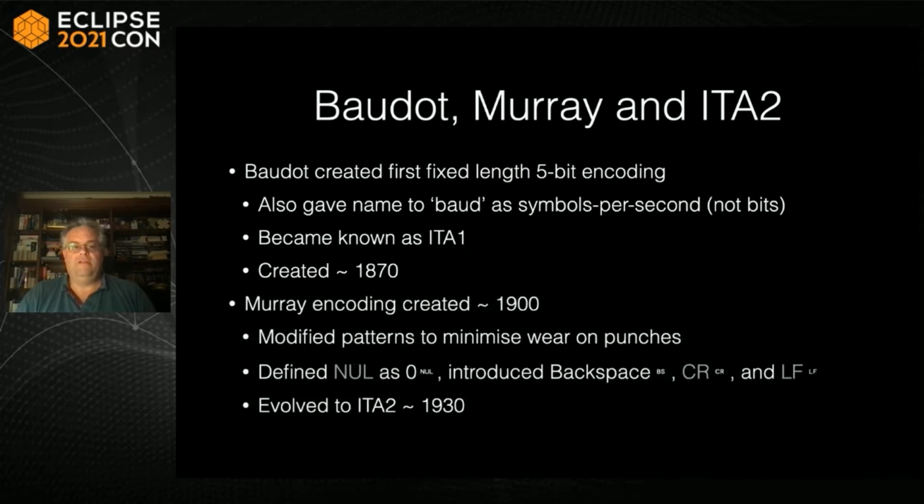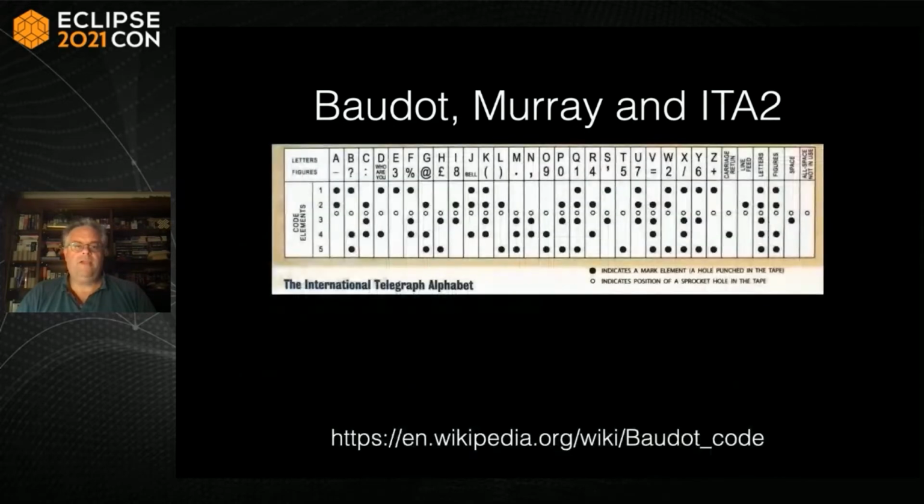From that evolved the Murray encoding in about the 1900s, which introduced null as 0, which we still use today, and introduced some of the characters like backspace, carriage return, and line feed. That ultimately evolved to ITA2, the last version of the coding used before ASCII was invented. Here's what the ITA2 alphabet looks like.